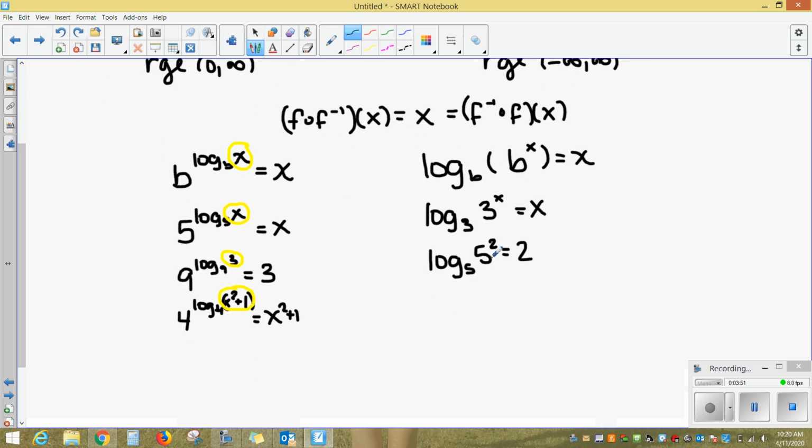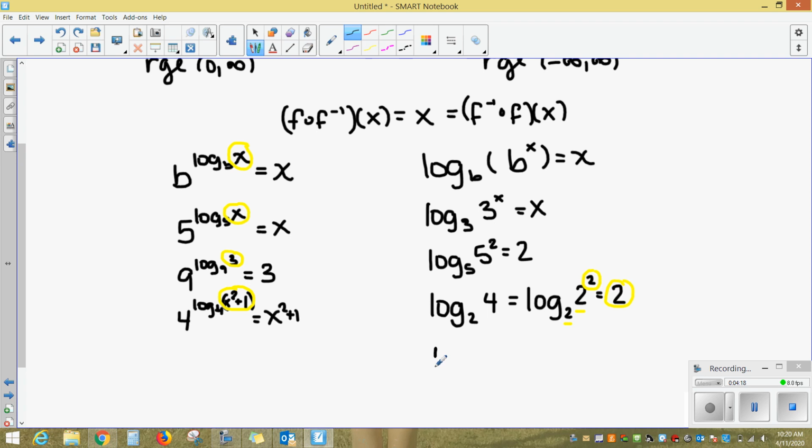So if the bases match, then the answer is the exponent. So if we have log base 2 of 4, that on first appearance may not say much to you, but if you realize that 4 is 2 squared, we say, because these 2's match, then the answer is the exponent.